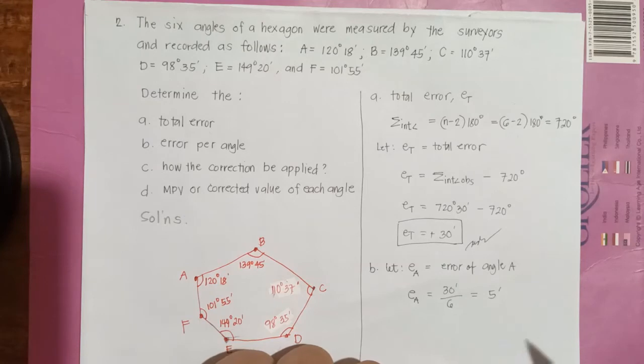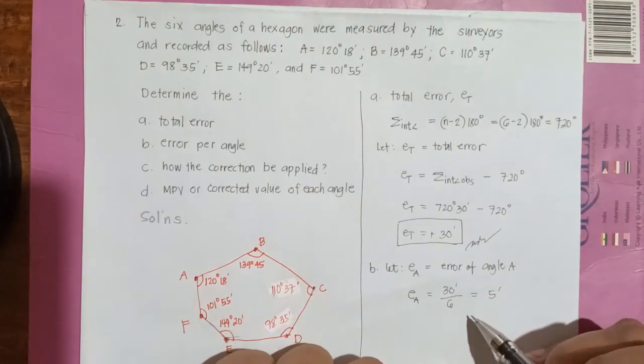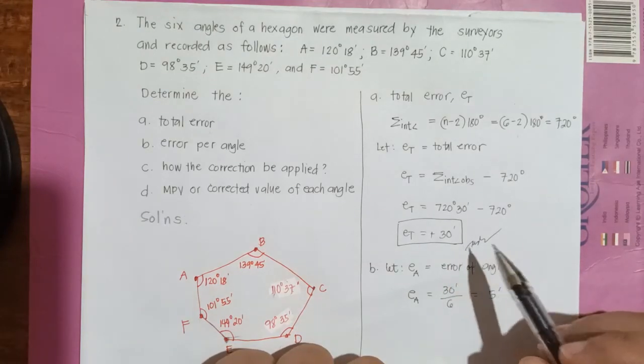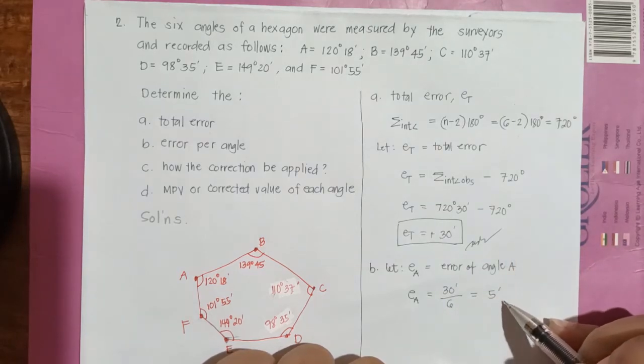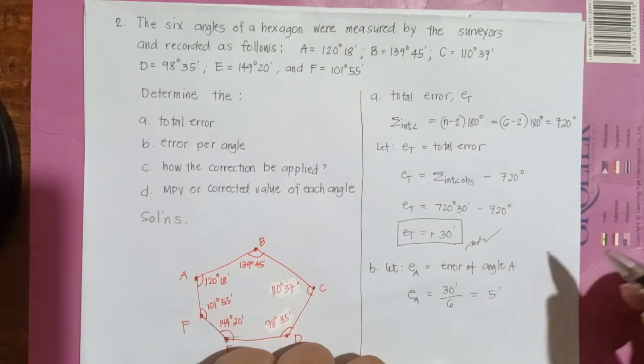So just divide the total error by the number of angles to get the error in every angle. So this is the error for angle A.